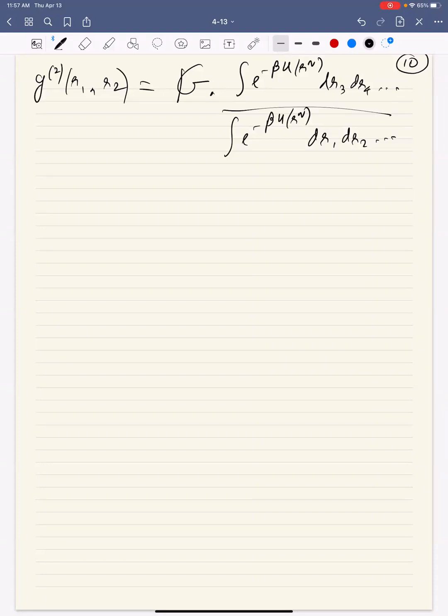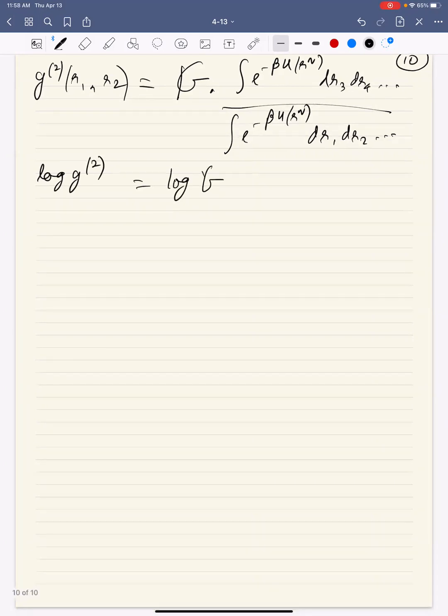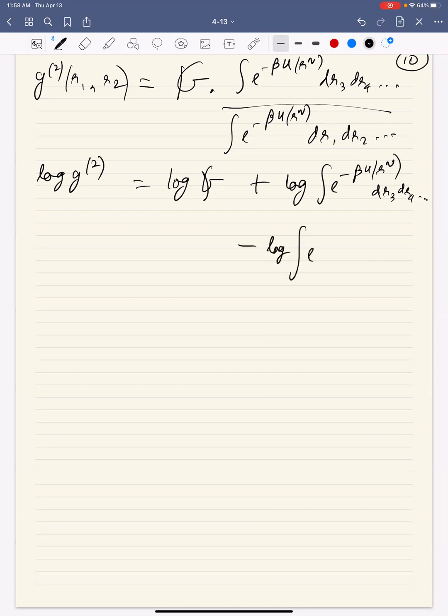So log of G2 is going to be log of fancy garbage plus log of the top integral, e to the power minus beta u of Rn dr3 dr4, minus log of the bottom integral, e to the power minus beta u of Rn dr1 dr2.